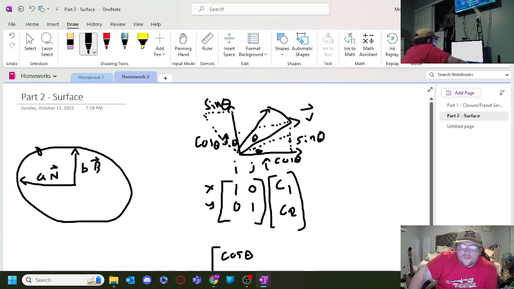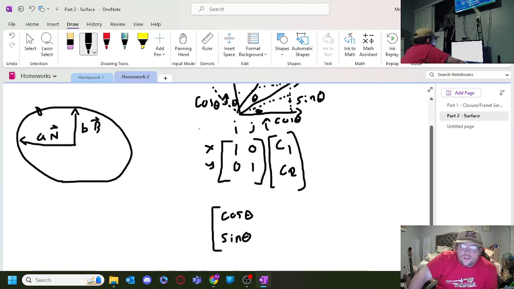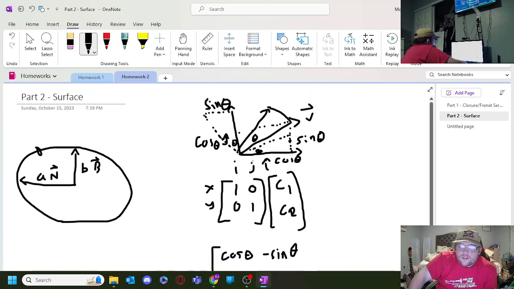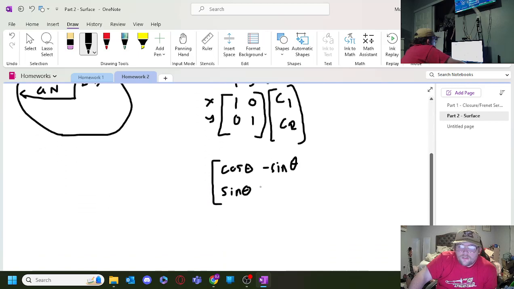Now notice that this sine of theta is going in the negative x direction, so that makes it negative. And then cosine of theta, this part right here, is in the positive y, so it's still positive. And then we're still multiplying by that C1, C2.